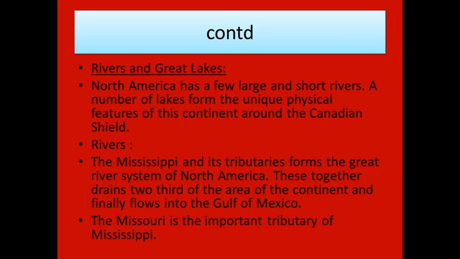Children, you must know the Mississippi and its tributaries. Together these drain two-thirds of the area of the continent and finally flow into the Gulf of Mexico. The Missouri is the important tributary of the Mississippi.